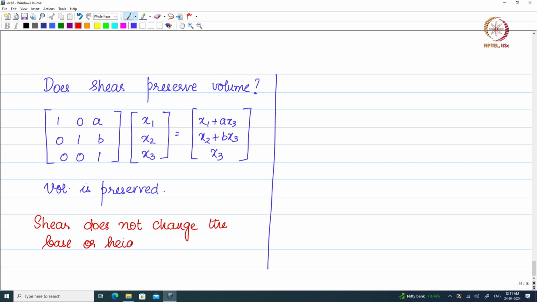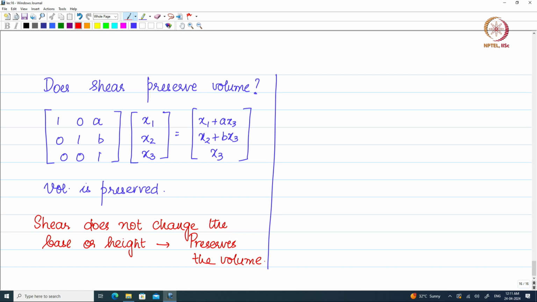At least this is very evident when we did it in the case of 2D. So, since it does not change the base or the height, it preserves the volume.